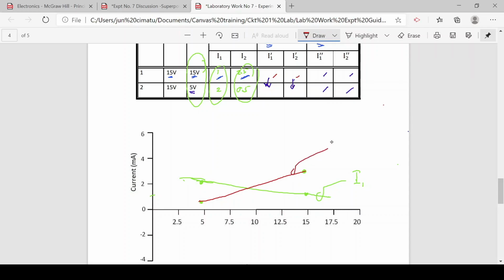So this is I sub 2. How about I sub 1 and I sub 2 prime? You would follow the same pattern for plotting the behavior of the current in the circuit, and find out the effect of changing the value of the voltage source in a circuit.